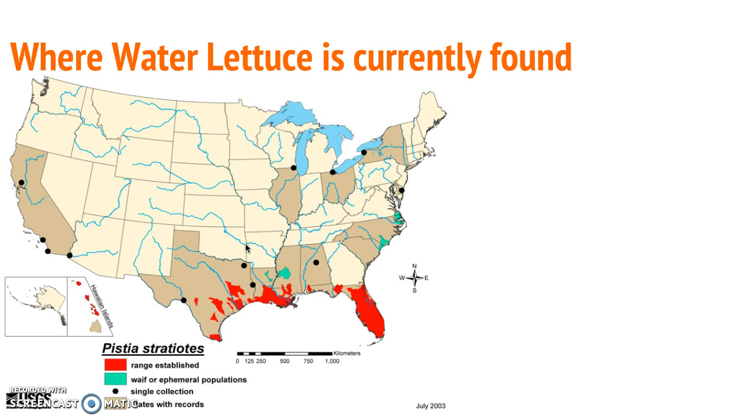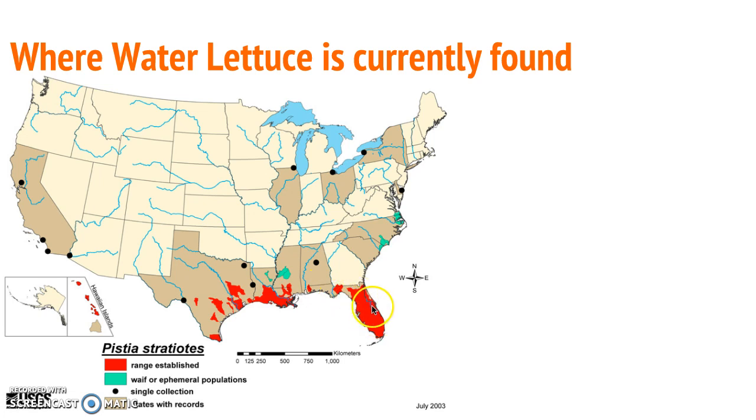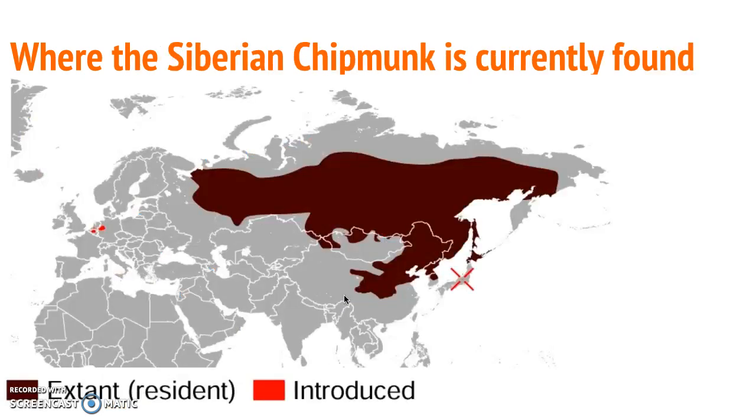Water lettuce is present in the states of the southeast U.S. and north to New Jersey and New York and westward to Texas, Arizona, and California. But as you can see on this map, it's pretty much clustered in the south, in Louisiana, Texas, and Florida. Where the Siberian chipmunk is currently found. The Siberian chipmunk is currently found in Belgium, France, Switzerland, Germany, Italy, the Netherlands, and Austria.